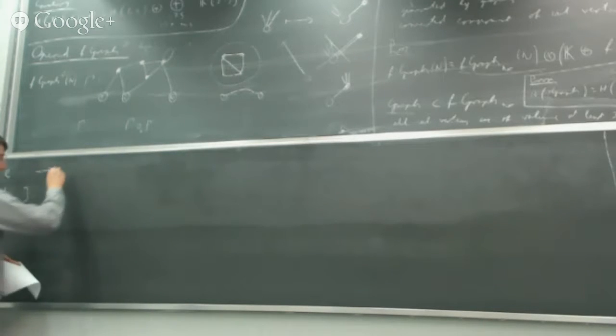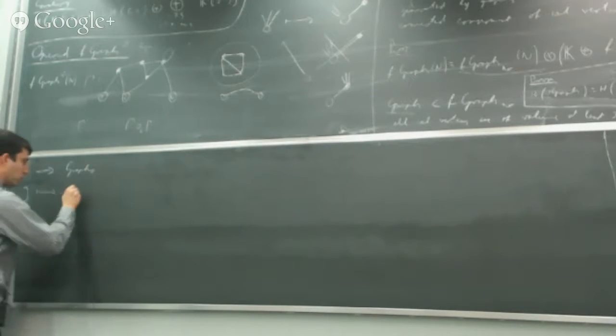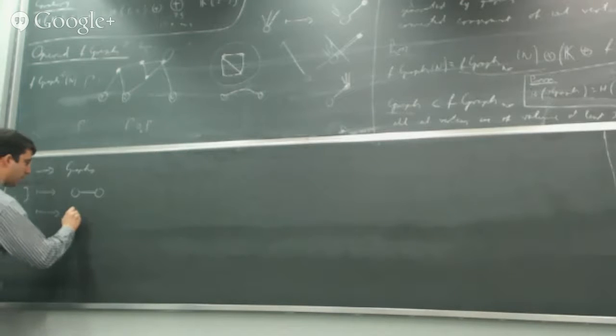Okay. Now remember the Gerstenhaber operad. It was generated by two elements, Lie bracket and wedge product. And I can define a map from E to graphs, where this is mapped to here, and this is mapped to here.